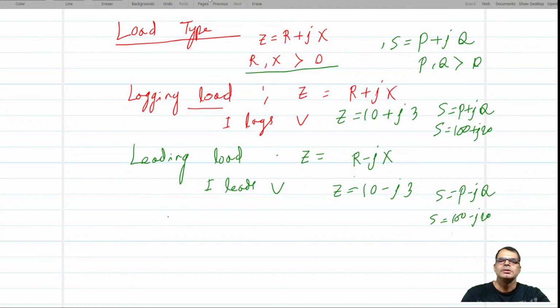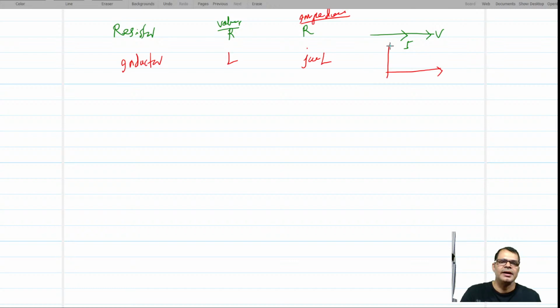So in the last class I actually forgot to cover this. We covered the basic elements. For example, the resistor: voltage and current are in phase. For the inductor, they are 90 degrees out of phase, with voltage leading the current.